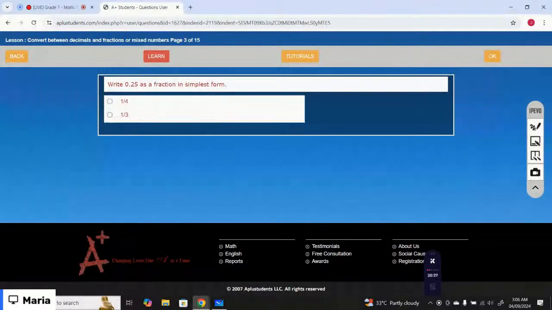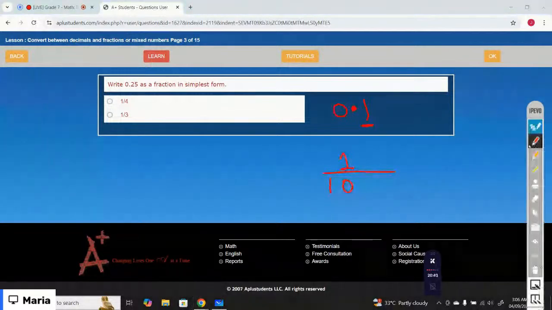Write 0.25 as a fraction in simplest form. So you have two digits after the decimal point, right? So you can write 1 for the decimal point, and because you have two digits, you need to add 2 zeros, so that is 25 by 100. Now because you have to convert them into simplest form, you have to divide them by the common number, that is 25.